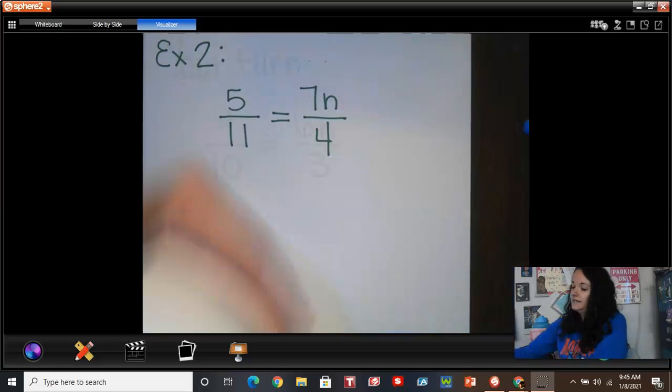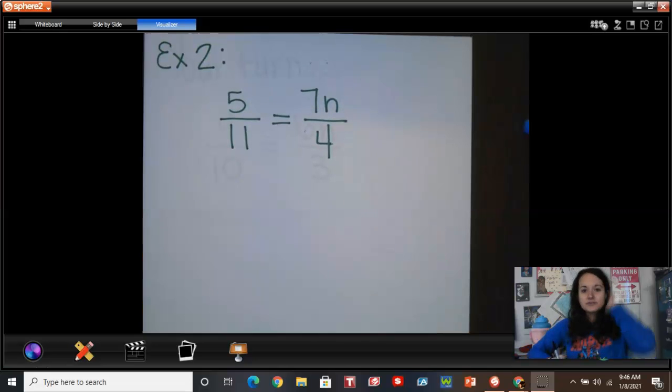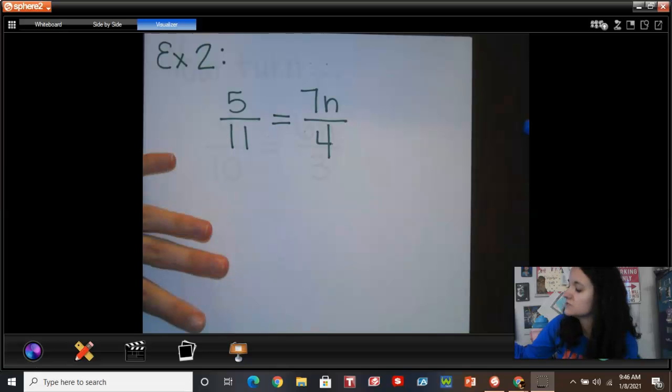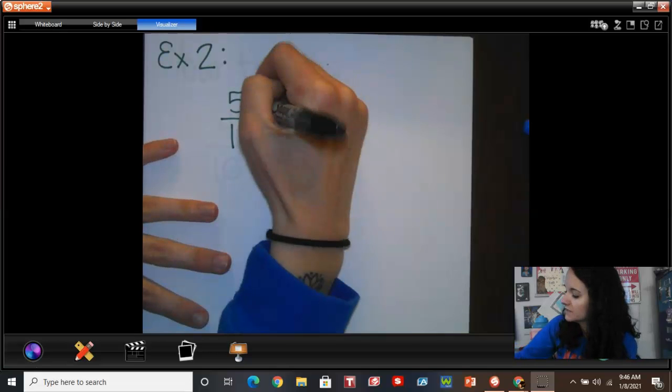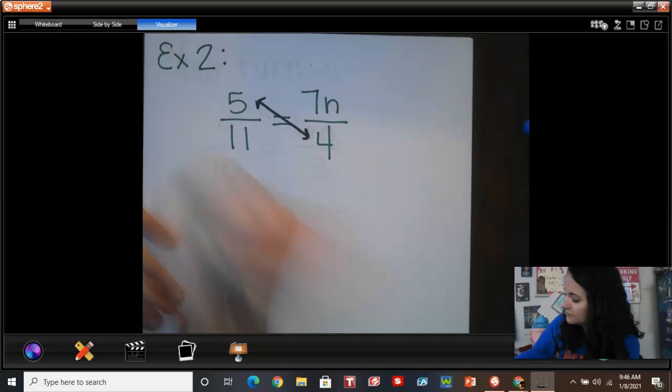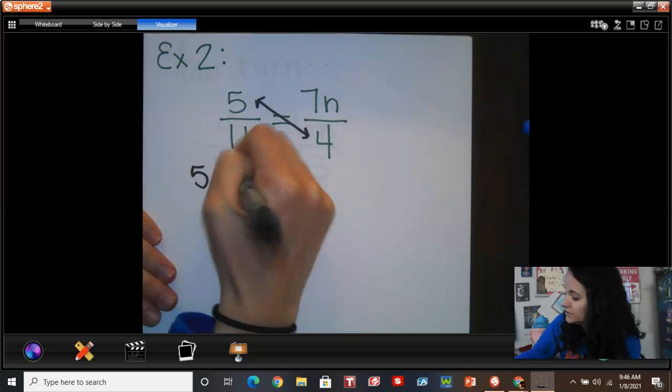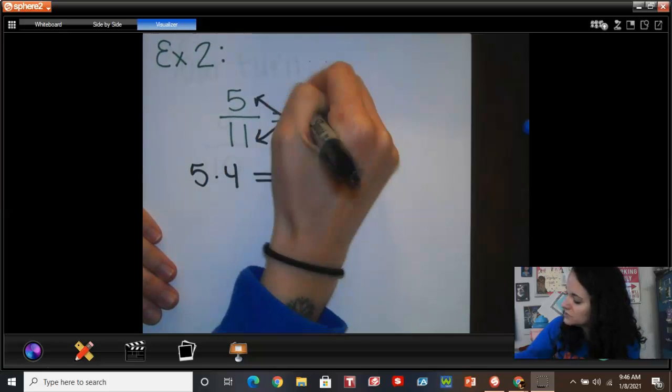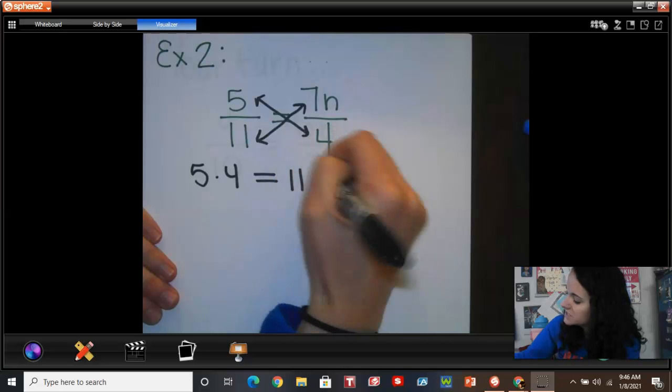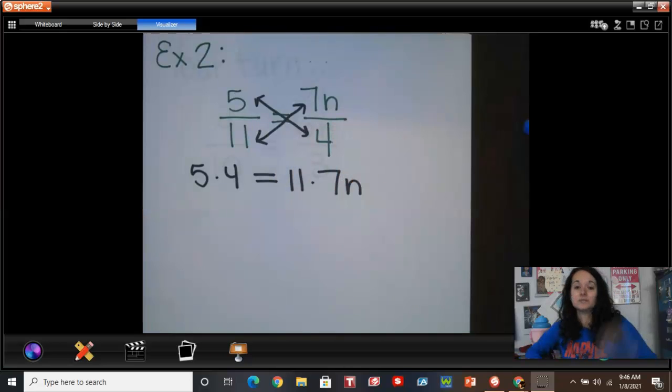Okay, let's do another example using cross multiplication. So we have 5 over 11 is equal to 7n over 4. So we're going to have 5 times 4 is equal to 11 times 7n. Okay, please use your calculator so you don't make any simple mistakes.